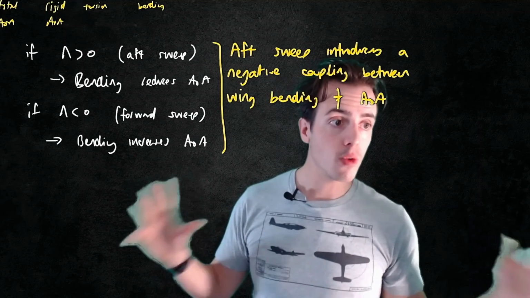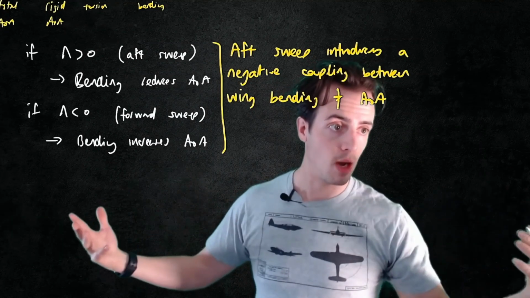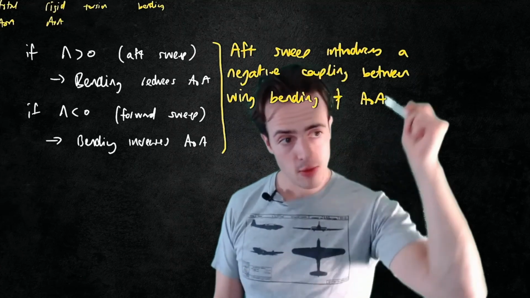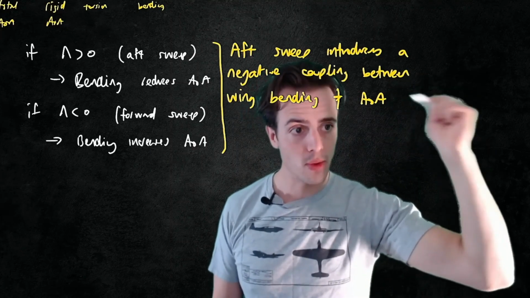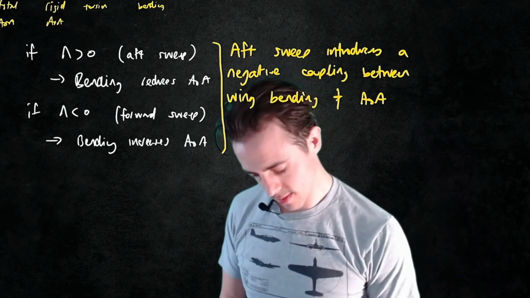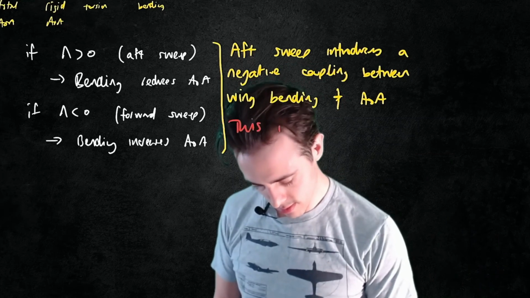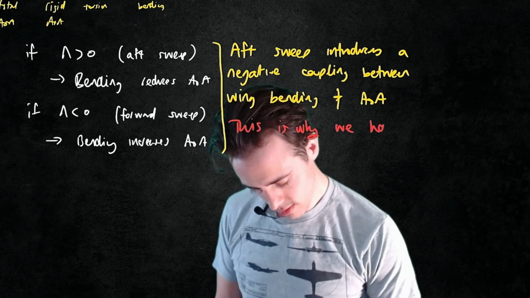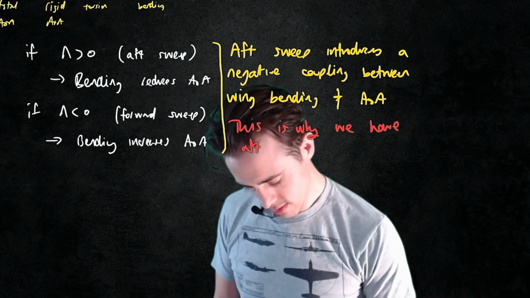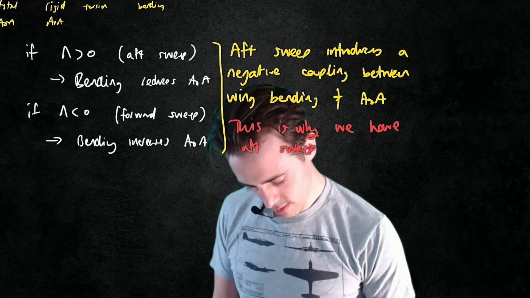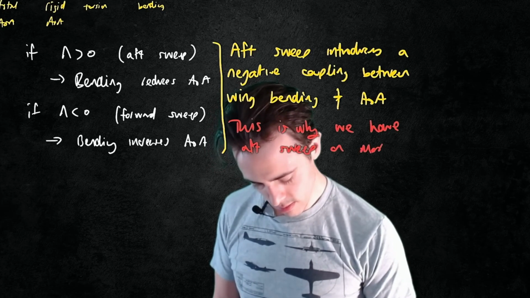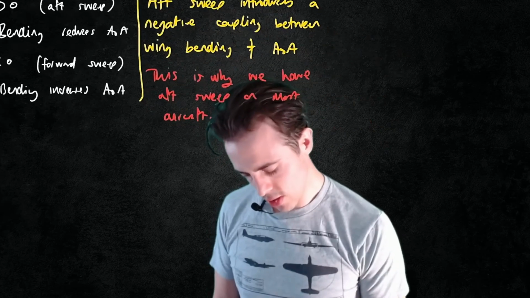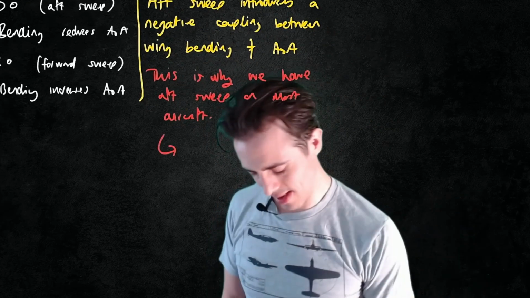Conversely, forward sweep introduces a positive coupling, means that if we bend upwards we have this increase in angle of attack. So this is why we have aft sweep on most aircraft. Okay, it's to increase the divergence speed.